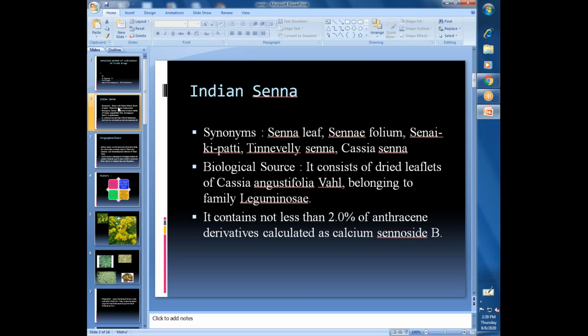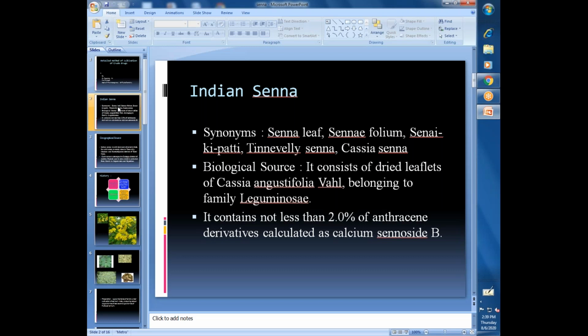The biological source of Senna consists of dried leaflets of Acacia angustifolia Wall, belonging to family Leguminosae. Here it consists of dried leaflets. There are two types of leaves: one is a simple leaf, the other is a compound leaf. A simple leaf is just one single leaf, like the hibiscus. In curry leaves or neem leaves, the same leaf is divided into many leaves, which we call a compound leaf.